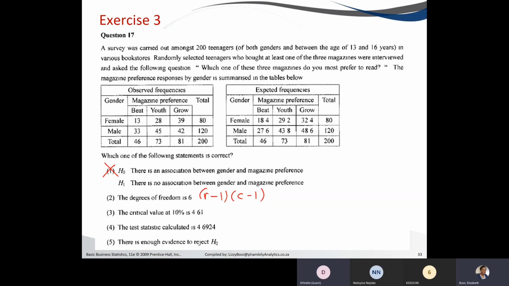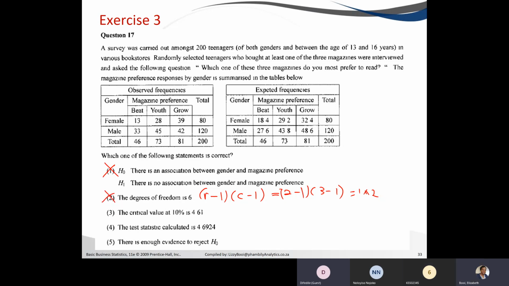How many rows and columns do they have? Do not count the total. It's incorrect, because you have 2 rows minus 1 and 3 columns minus 1, which is 1 multiplied by 2.